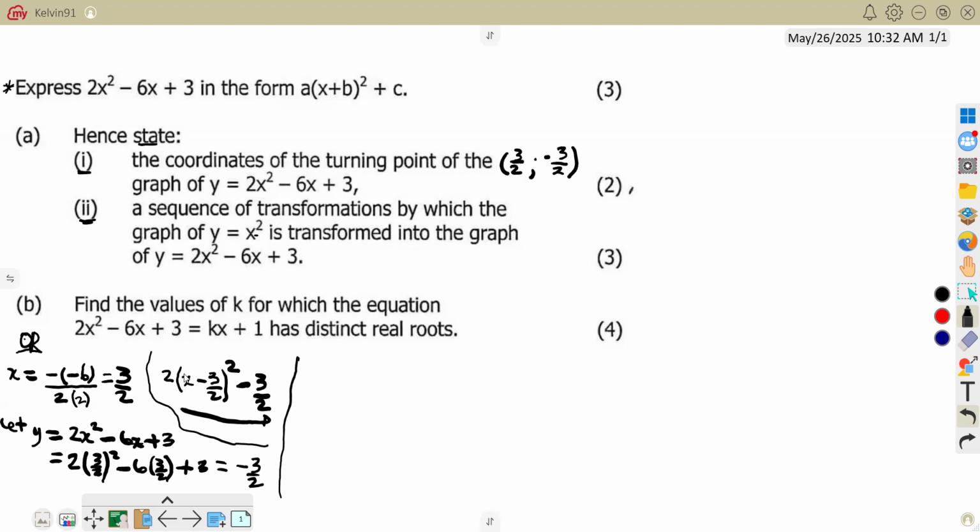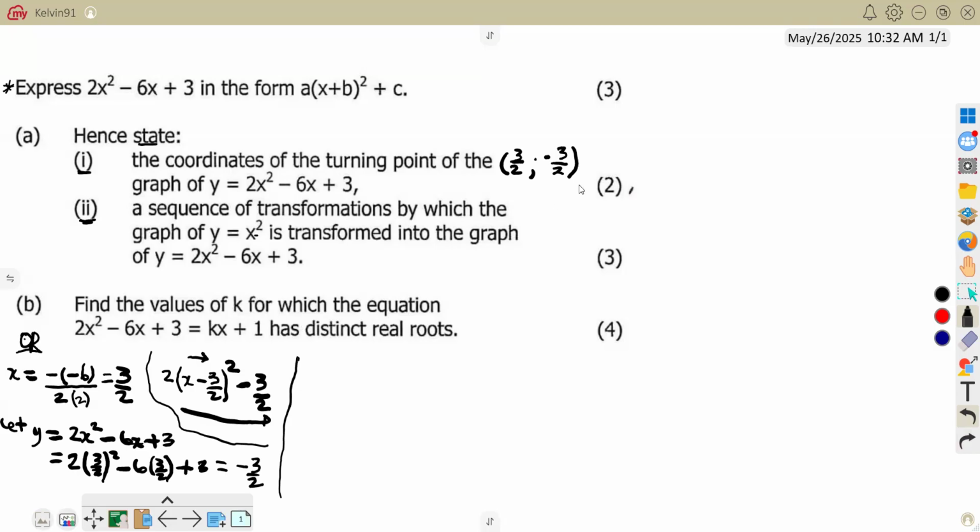And we know that once we substitute by x minus, it's a horizontal shift. Since it's negative there, it means it's a horizontal shift going to the right.